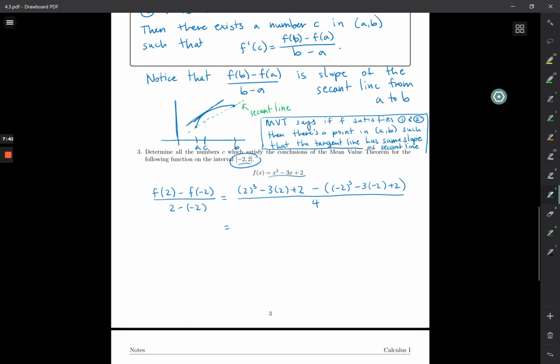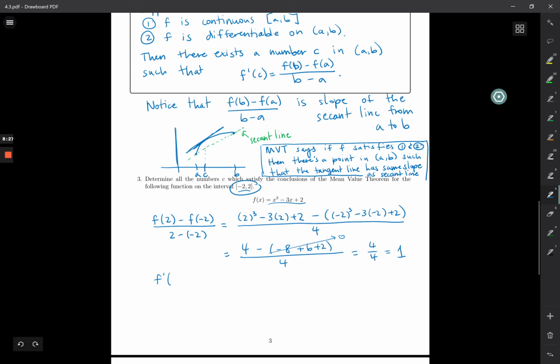Okay, so simplifying, we would get 8 minus 6 plus 2, so that would give us just 2 for that piece. And wait, no, 8 plus 2, that would give us 4. Okay, and then on the second piece, we would get -8 plus 6 plus 2, so actually this is just 0, that piece. And so what we get is 4 over 4, so just 1. That is the slope.